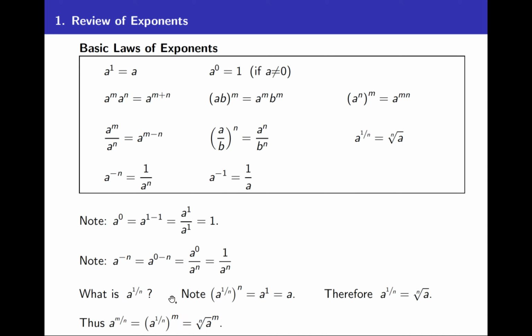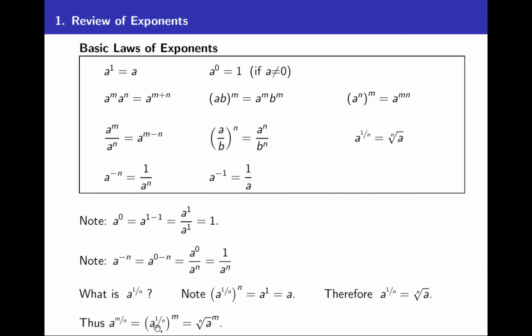Finally, what about a to the power of m over n? Well, if you believe this property, a to the power of m over n would be a to the power of 1 over n to the power of m, because those exponents would have to multiply to give you this.